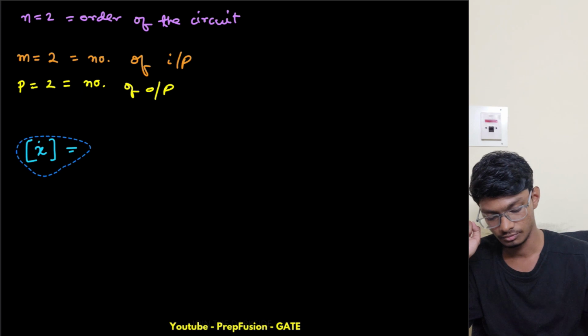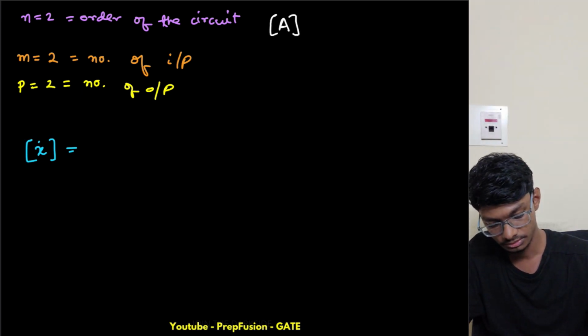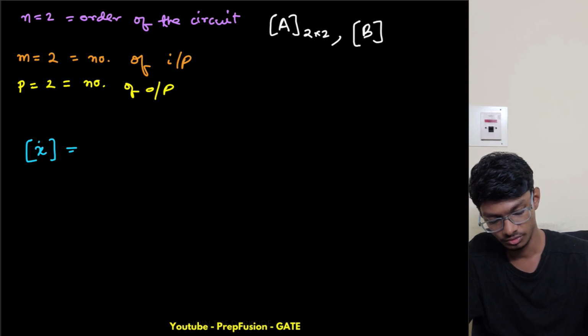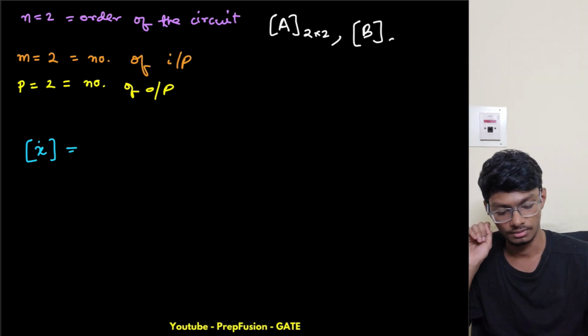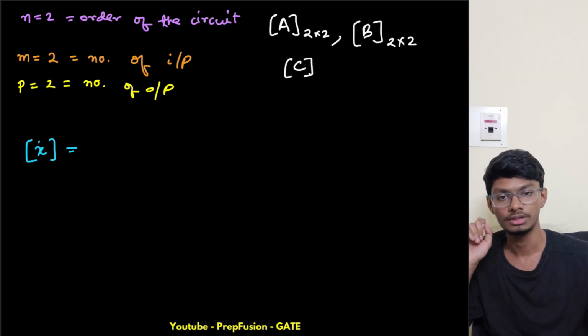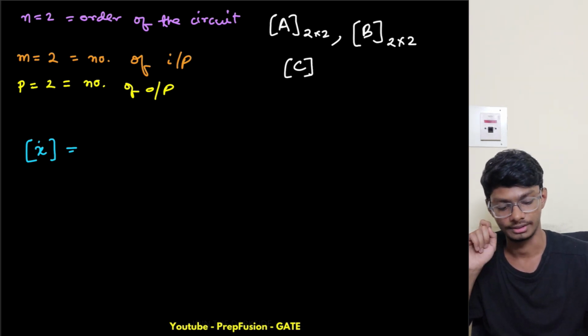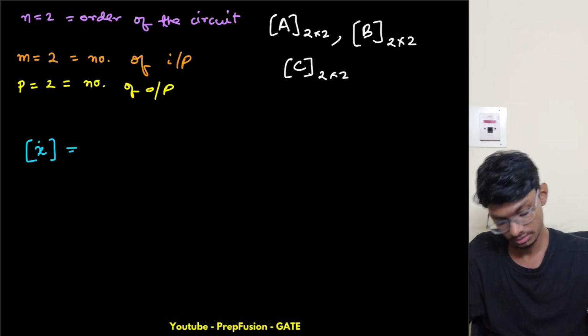So my A matrix will be 2 cross 2, my B matrix will be n cross m, which is 2 cross 2, and my C matrix will be p cross n, so it is also 2 cross 2. So everything will be a square matrix.